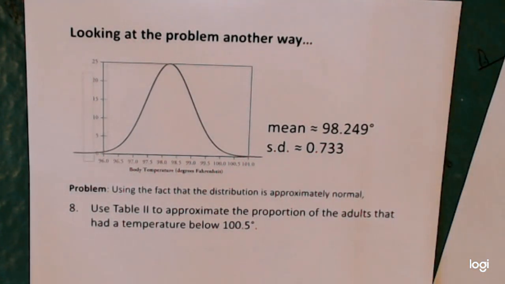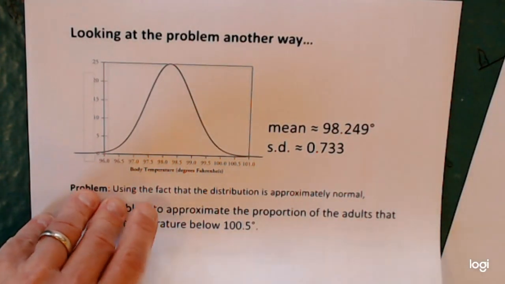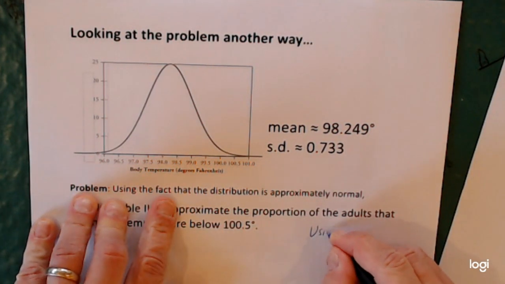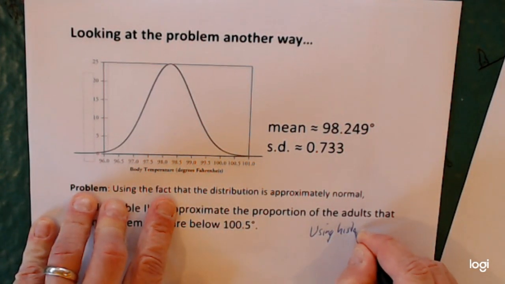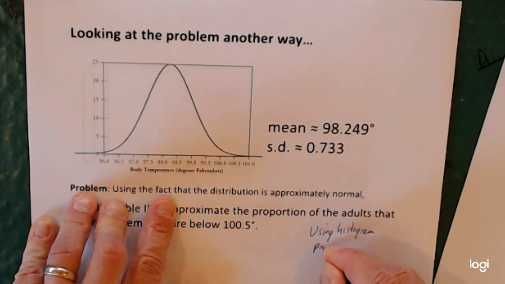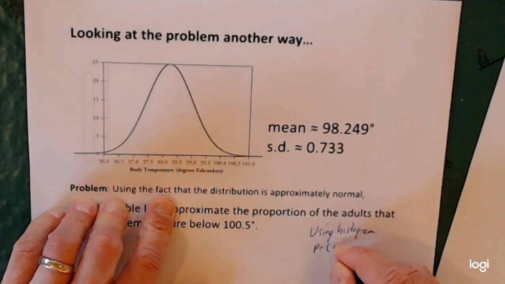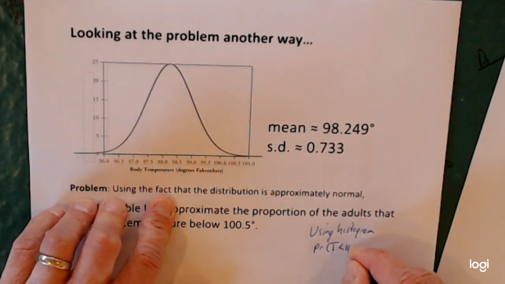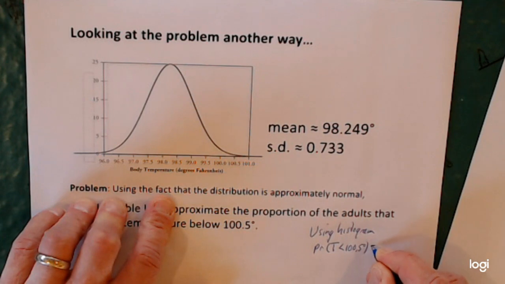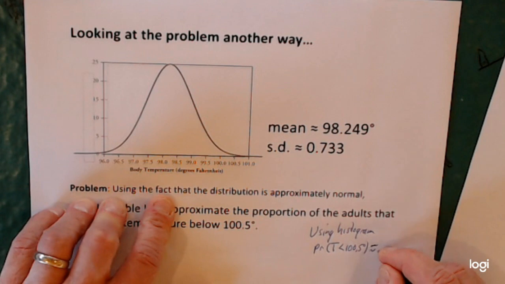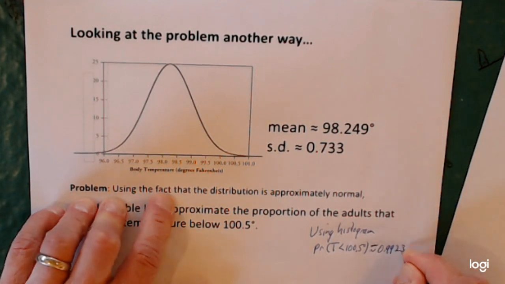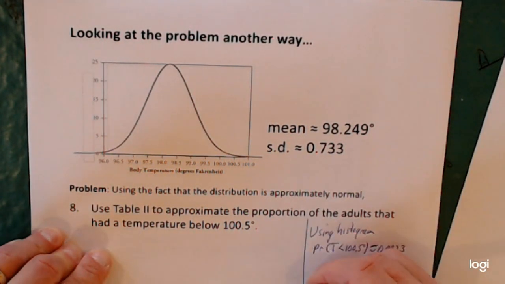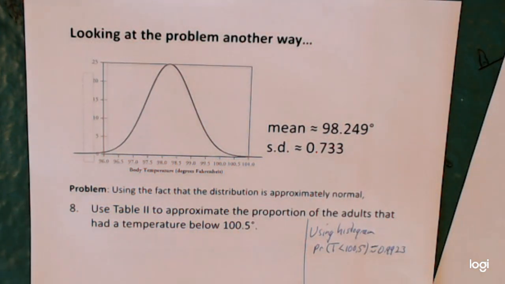We want to use table 2 to approximate the proportion of adults that had a temperature below 100.5 degrees, and we found using the histogram the proportion of body temperatures less than 100.5 degrees was approximately, what did I get? 0.9923, 99%.